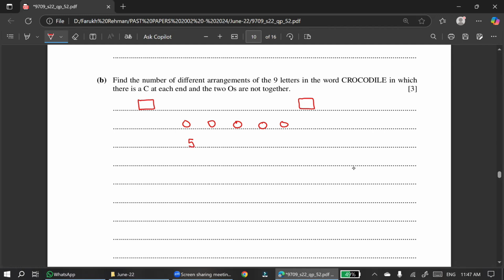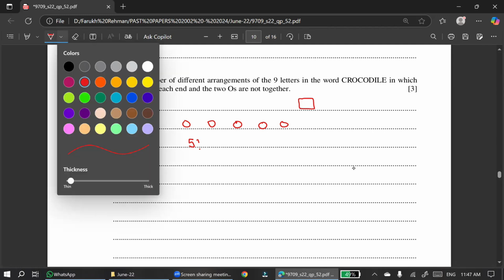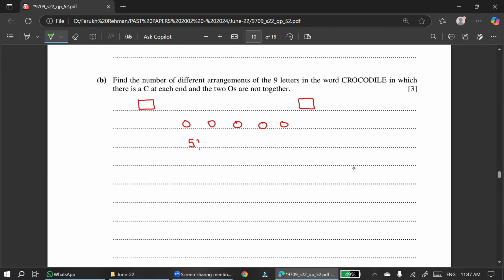So with the help of 5 factorial, we will arrange them. Now, we will draw boxes at the ends and in between, and we will arrange the 2 O's in these green boxes.